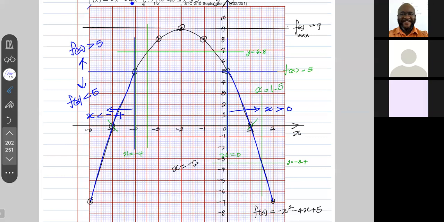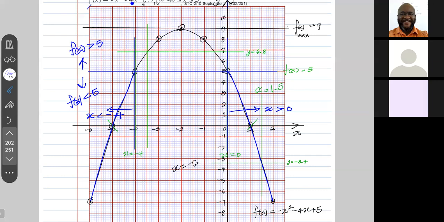So in the region of the graph where x is greater than 0 and x is less than minus 4, the values of f of x on the graph are less than 5.